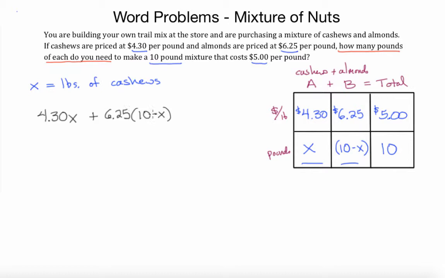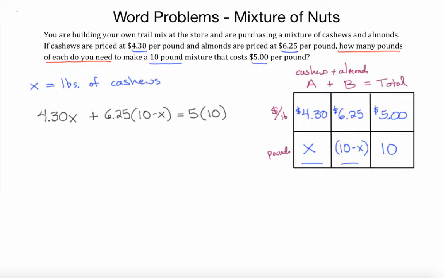So I'm going to multiply those together to see how much I paid for almonds. How much I paid for cashews plus how much I paid for almonds should equal my total mixture, which we know needs to be $5 per pound, but I also know I have 10 pounds. Which means basically I paid $50 worth of nuts. It's looking like a lot of money for nuts. I don't know if I like nuts that much.